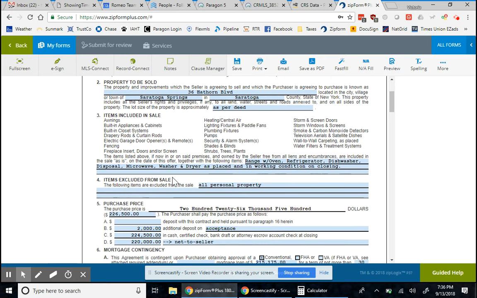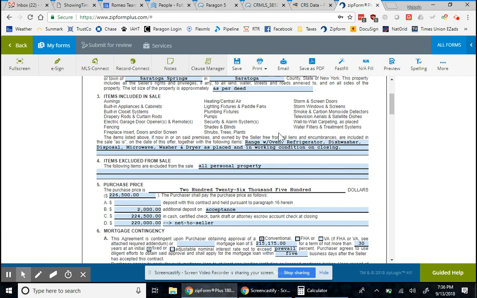Paragraph 3, items included in the sale. Everything listed here may or may not be in the property, but basically everything attached to the property. If it exists in the property, this is what we're expecting the sellers to hand over. We're also including the range with oven, refrigerator, dishwasher, disposal, microwave, washer, and dryer. We're saying they're as placed in working condition on closing. As placed means what's in the property is what we expect the sellers to be handing over.